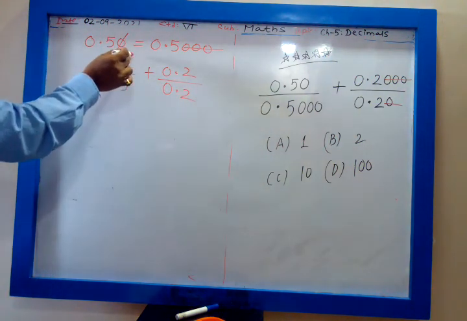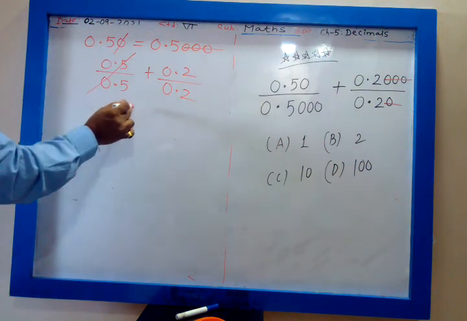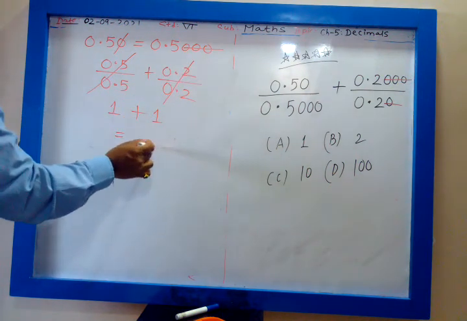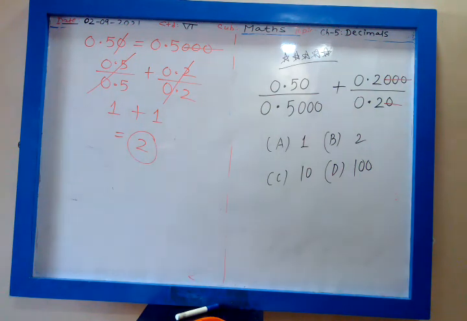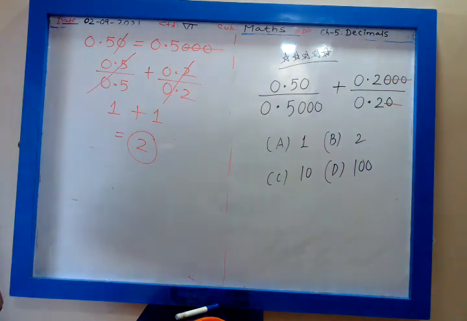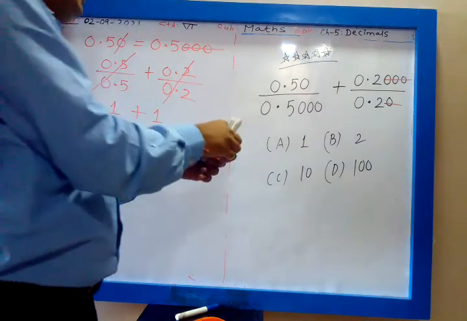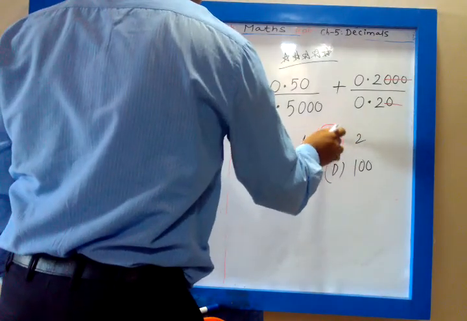So 0.5 upon 0.5 will be 1. 0.2 upon 0.2 will be 1. 1 plus 1, answer is 2. D is not the answer. B is the answer, my dear.